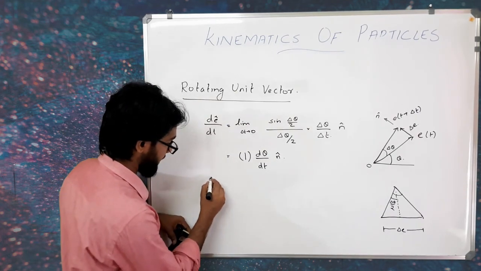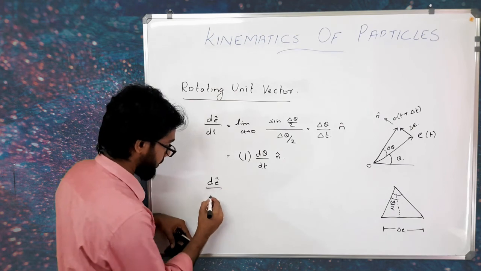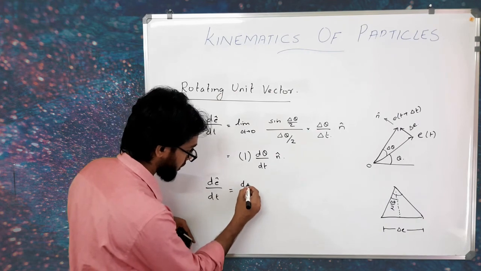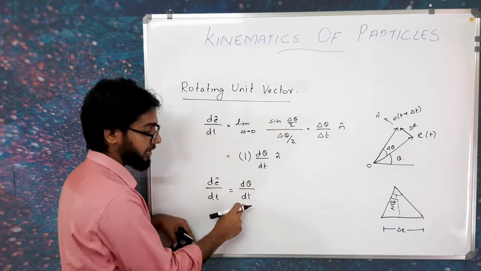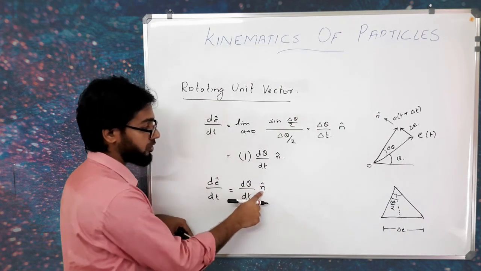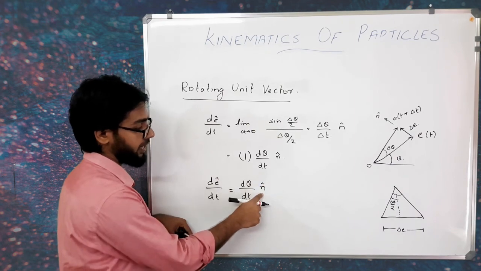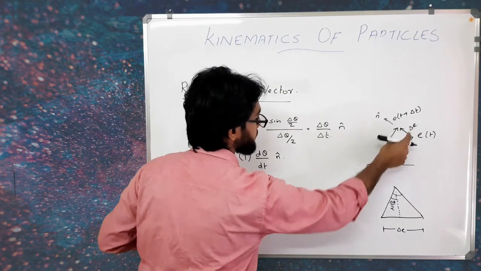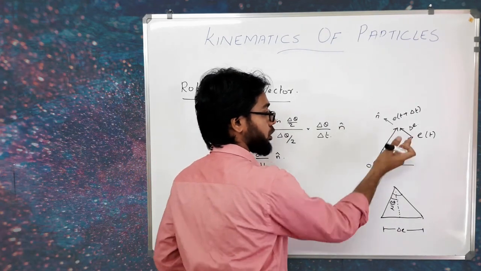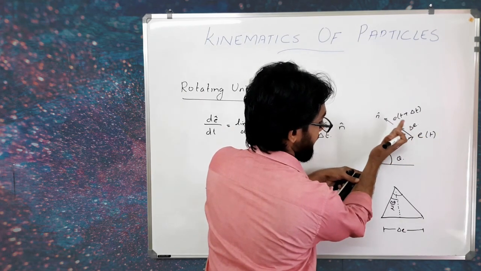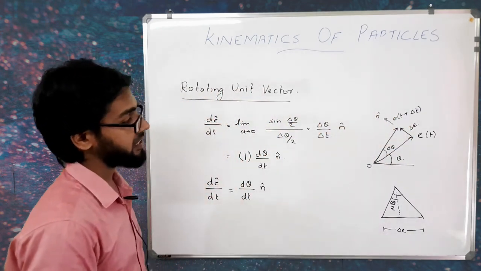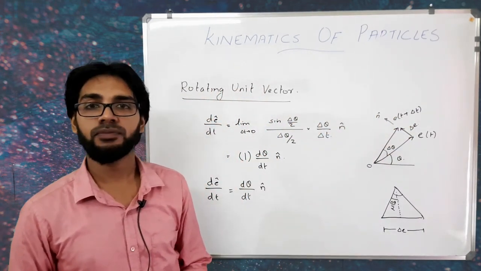So the time derivative of the unit vector, dE/dt, is equal to the time derivative of the angle, dθ/dt, multiplied by the unit vector n cap in the direction of ΔE. As the reference plane rotates, the unit vector n also changes its direction at every instant of time.